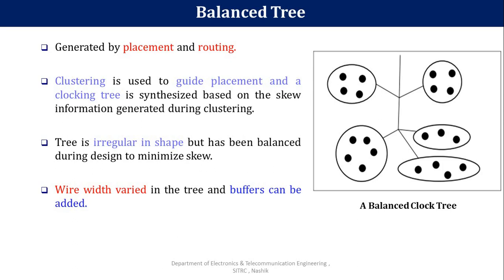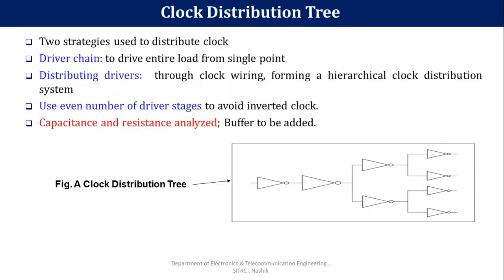Wire width is varied because it is not designed to make the clock skew even, but its aim is to cluster all the elements of the same characteristics and features or as per the requirement. Hence here wire width varies, means wire delay will be different from one point to another point, and so we can add some buffers also.